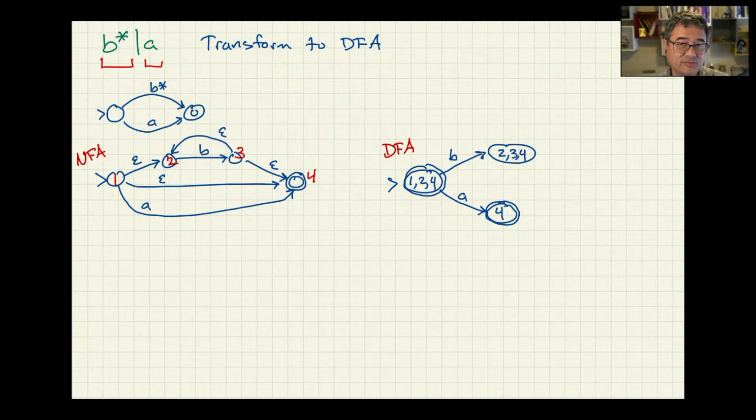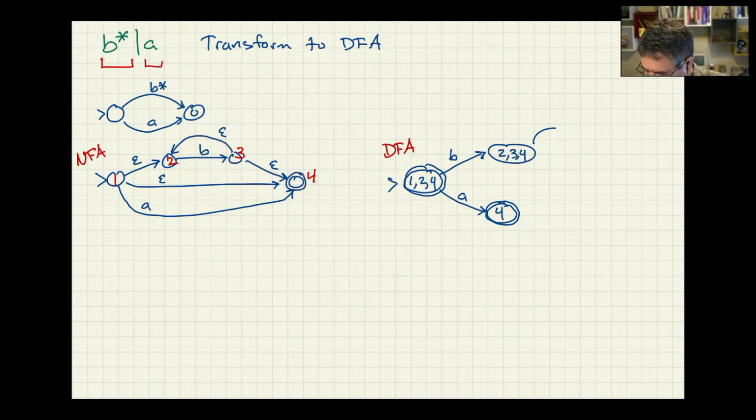I make this mistake several times every semester, so don't worry about it when it happens. You just have to catch it at some point. Okay, so now we need to complete this. If we're in 2, 3, and 4, I see a B transition leading out, this one here, and that takes me to 3, and its epsilon takes me to 2, and this one takes me to 4.